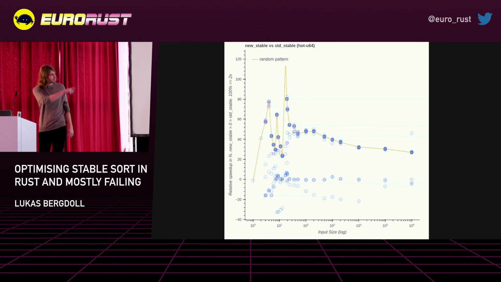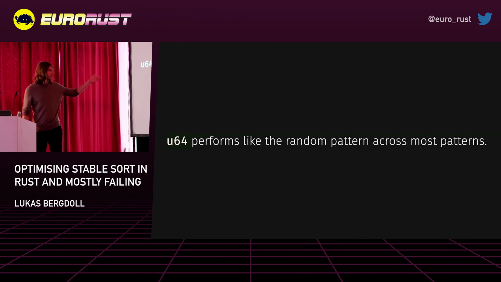Many patterns now look like the random pattern. And that's curious, right? Because my intuition tells me I32 and U64 should perform similar. Not identical, but similar. And that's a very, very different result. In essence, U64 performs like the random pattern across most patterns. And so I asked myself, why is that?